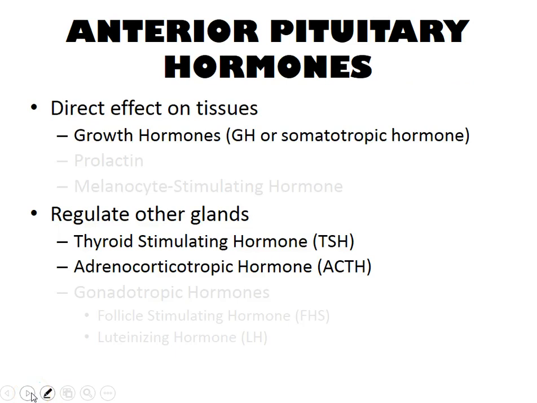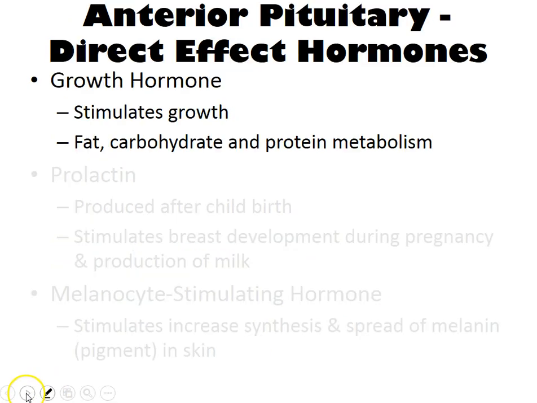Your anterior pituitary hormones have a direct effect on tissues, like growth hormone, and regulate other glands, like thyroid stimulating hormone and the adrenocorticotropic hormone, or ACTH. Growth hormone stimulates growth, and also fat, carbohydrate, and protein metabolism.